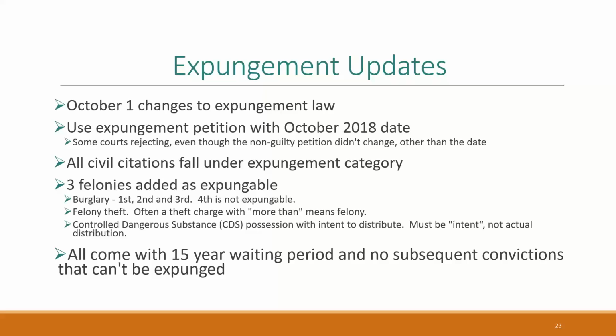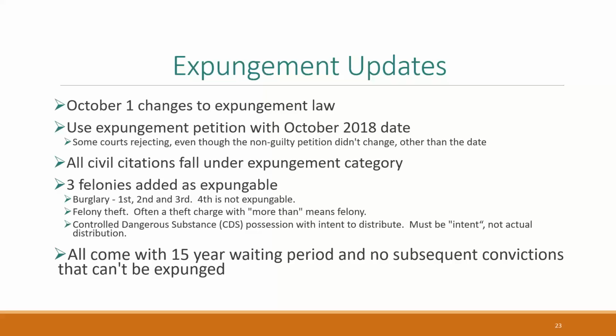Okay, so just as a quick summary of some of the updates that went into effect for the expungement statute, there was an update to the actual court form in October, and then actually it's since been updated again in December, with slight changes.